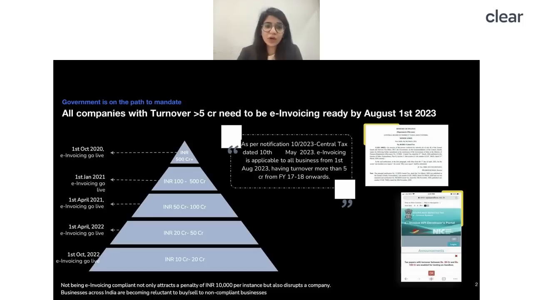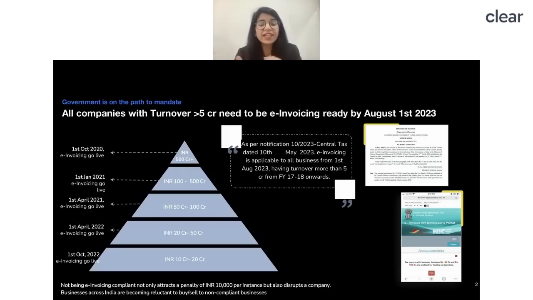Obviously the government wants to eventually make sure that e-invoicing is applicable to every person. So that was their need. Then they further reduced this limit to 100 crore, on 1st Jan 2021. So from 1st Jan 2021, if your aggregate turnover was more than 100 crore, then e-invoicing was applicable to you.